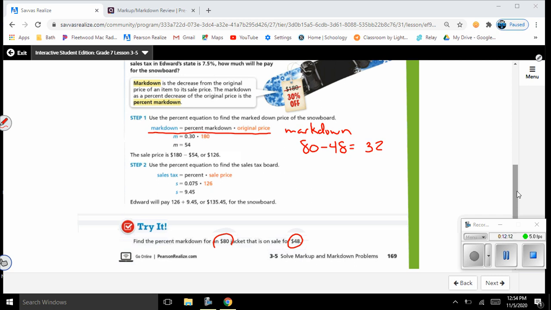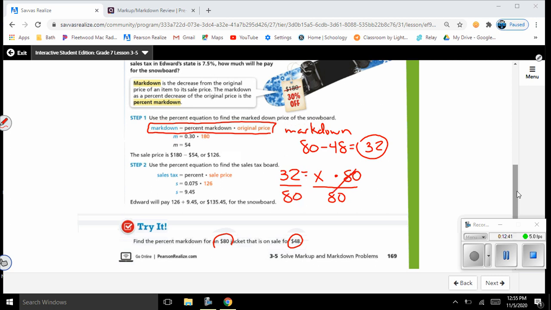So I'm now going to take this $32, that's the markdown, and I'm going to put it into this equation. So it's 32 equal the percent markdown you didn't know, and the original price they said was $80. Okay, so in essence you could almost say this is X. You can see in order to get X by itself, you're going to divide both sides by 80.